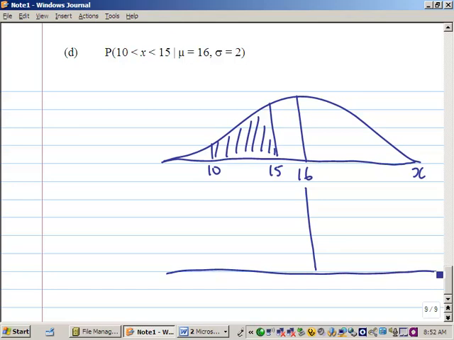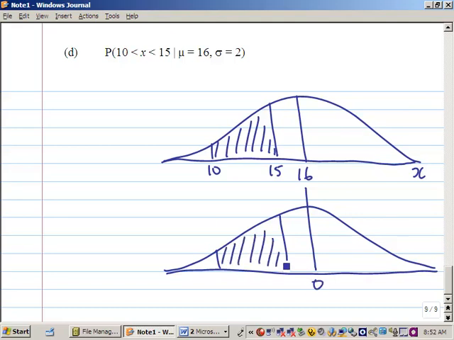Alright, translate that to the z first in terms of diagram. So that'll mean that we have two limits on the z which are negative. Okay, and again, some of you should be able to do those calculations in your head, because z is just the number of standard deviations away from the mean.